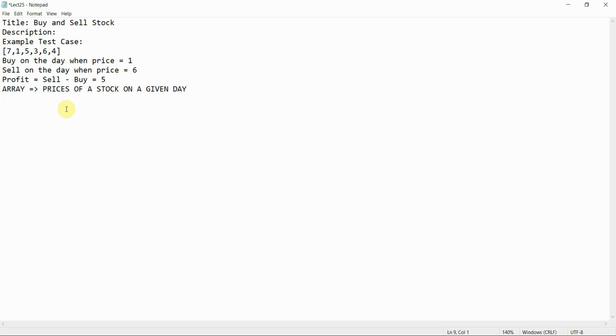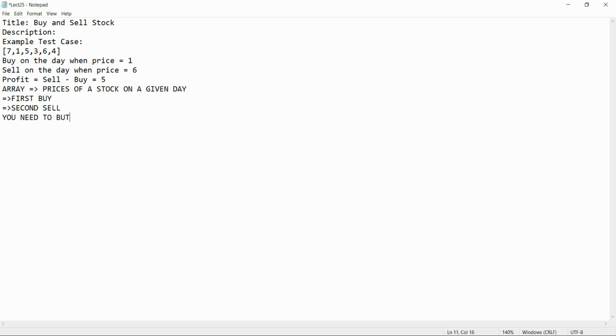Then first you need to buy, and second sell. So you need to check the flow, that first you can buy, and in the second you can sell.